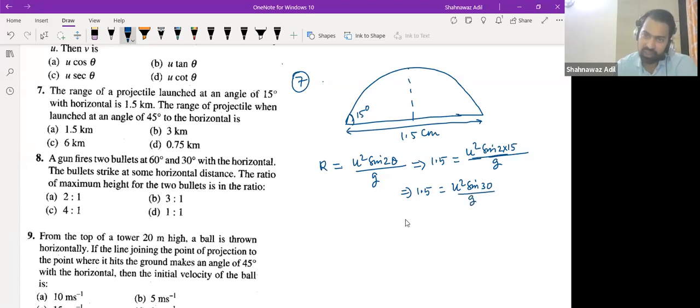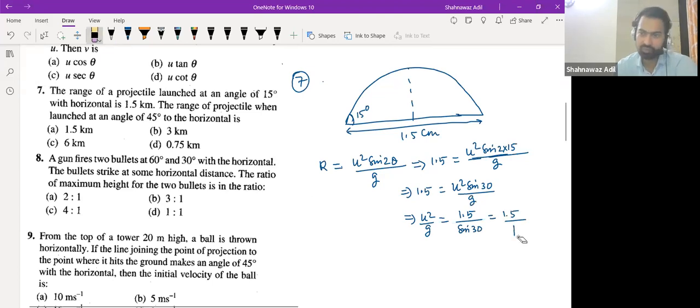So let us calculate u square by g. U square by g would be 1.5 divided by sine 30. Sine 30 is 1 by 2, so u square by g is 3.